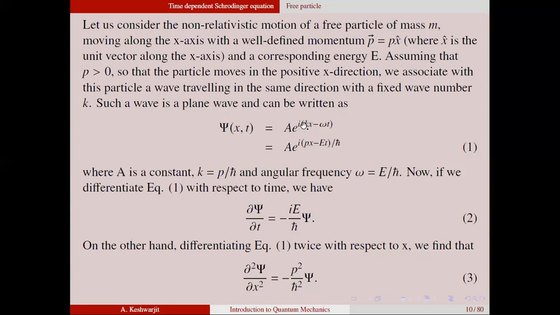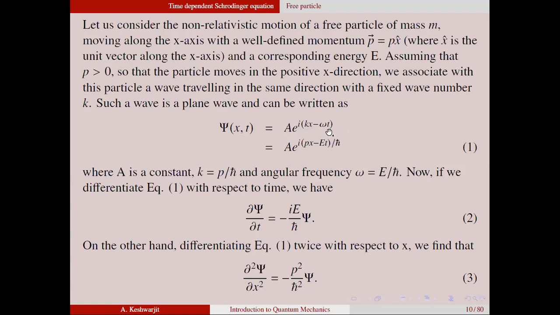So if you come across an expression like this, A e to the power i(kx minus omega t), you should remember that this is a plane wave. It is a plane wave because A is a constant. If A is not a constant, then it can be any other wave, such as a spherical wave, but since A is a constant, it is a plane wave.